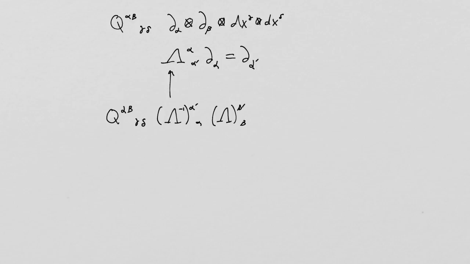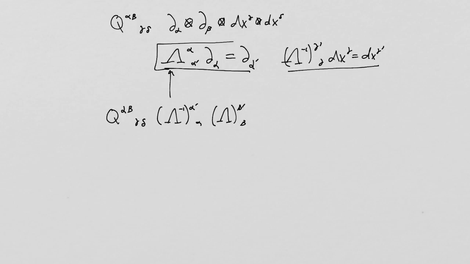And then we know that the inverse matrix, the contravariant matrix, as it's called, will transform, say, gamma prime gamma, dx gamma equals dx gamma prime, like that. And this is the contravariant matrix. And this is the covariant transformation. I'm sorry, I should say the covariant transformation and the contravariant transformation.